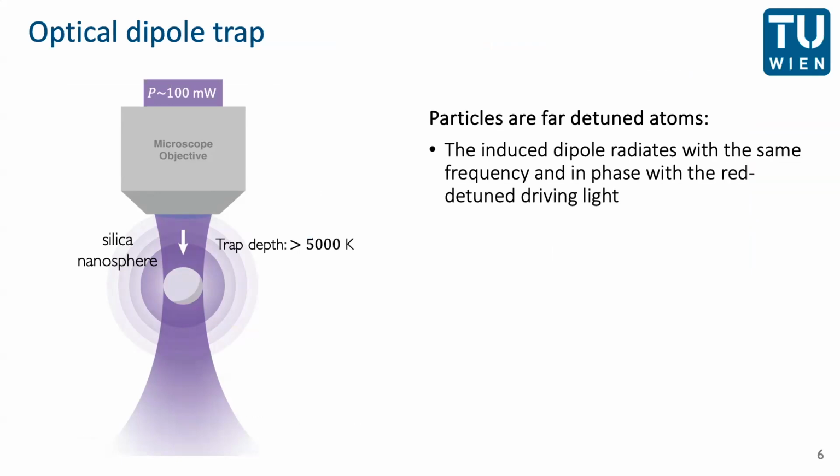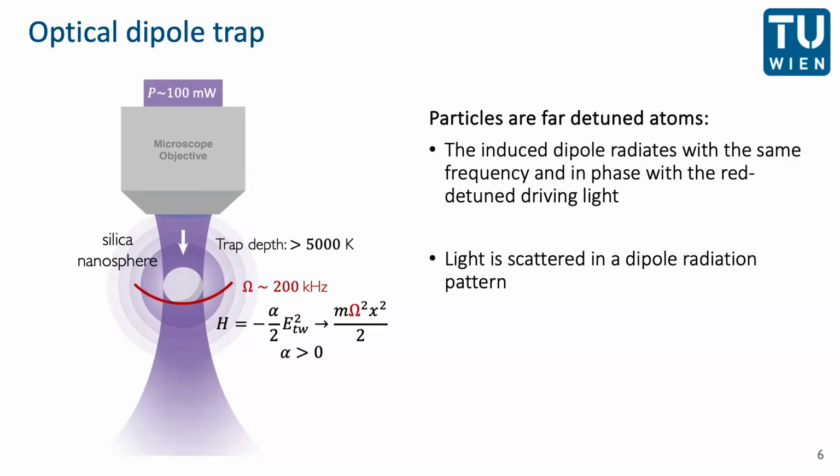And the induced dipole radiates with the same frequency and in phase with the red-tuned driving light. So that means that the photons that are being scattered off the particle into free space have the very same frequency and preserve the phase of the incoming light itself. And light is scattered in a dipole radiation pattern. We've already seen that, and you can trap it.